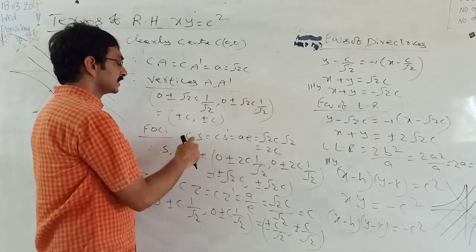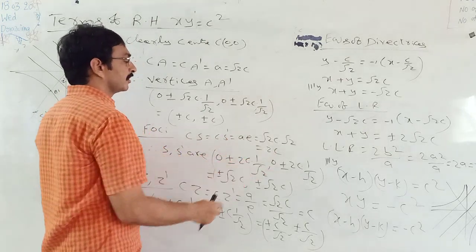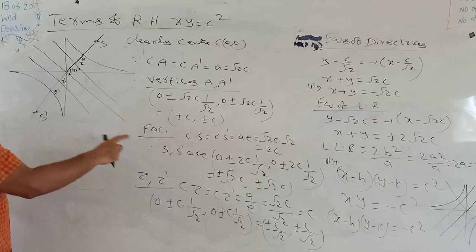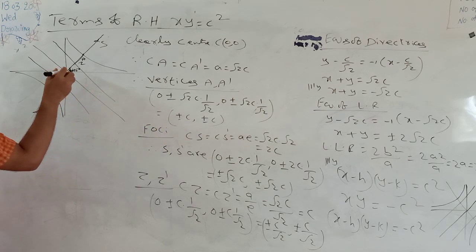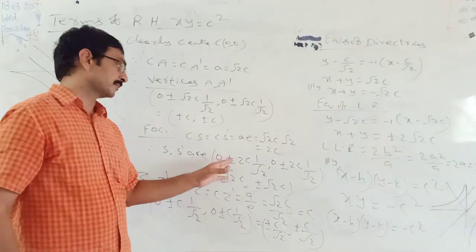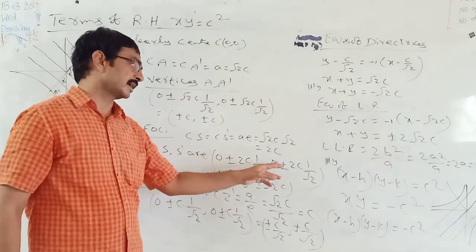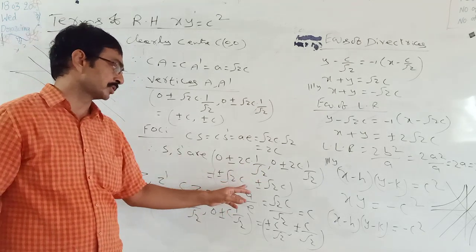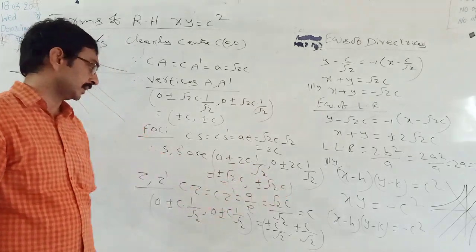Therefore CS equals CS dash equals 2c. That means S and S dash are also at a distance of 2c from the origin in the direction having inclination 45 degrees. By substituting x1 plus or minus r cos theta, y1 plus or minus r sin theta, we get the foci plus or minus root 2 c, plus or minus root 2 c.